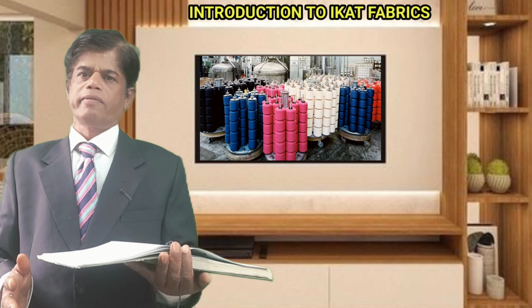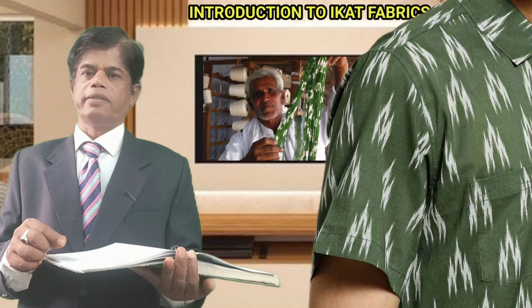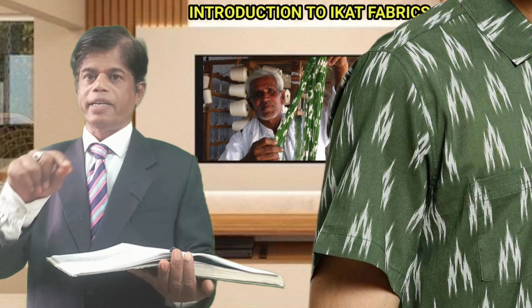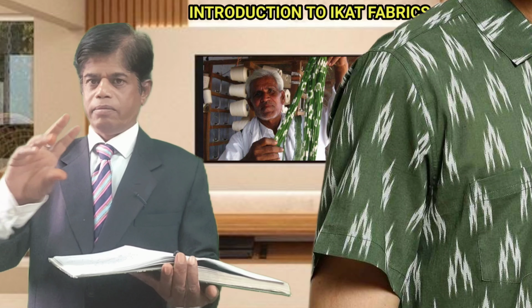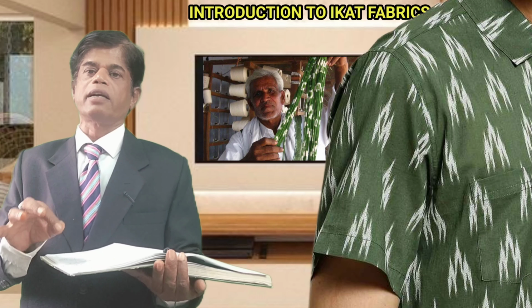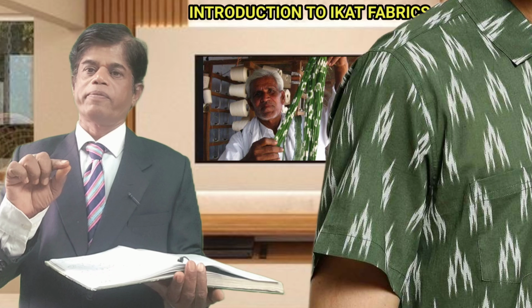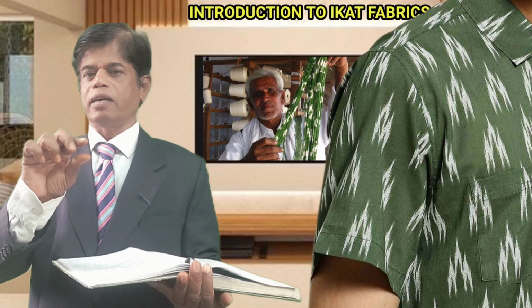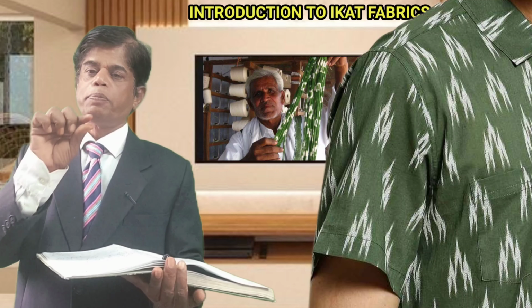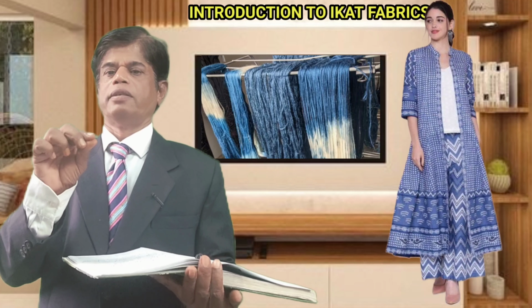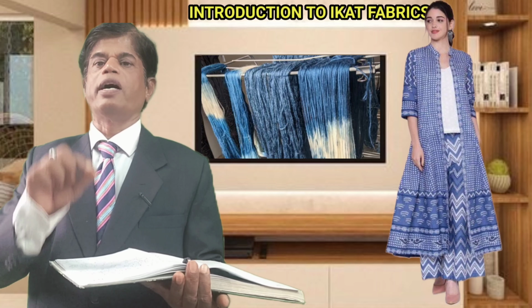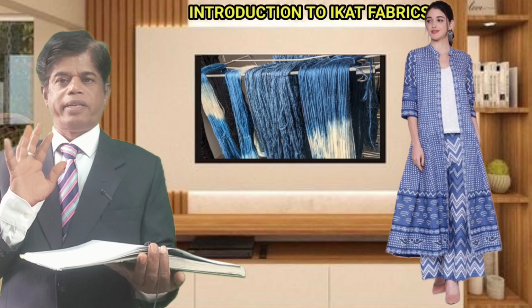But in case of Ikkath, like tie and dye fabrics tied with thread or some tying equipment, here also some bundles of yarns at a specific place are bundled together and tied to make them resist the dye liquid.